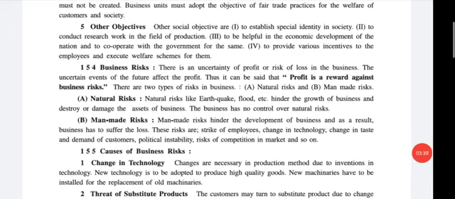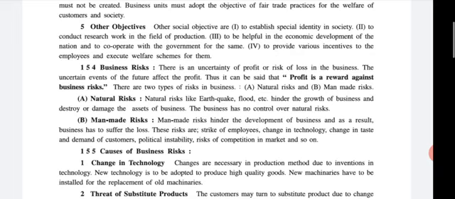Other objectives related to the social objectives are to establish a special identity in society, conduct research work in the field of production, help in economic development of the nation and cooperate with the government, and provide various incentives to the employees and execute welfare schemes for them.